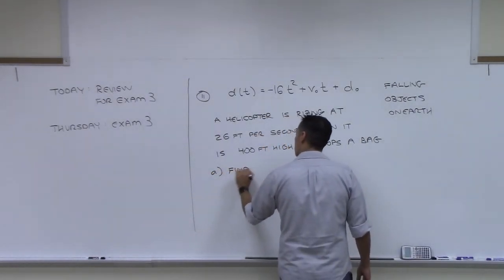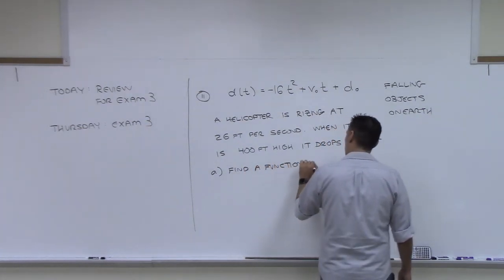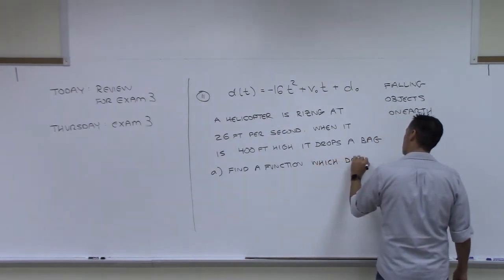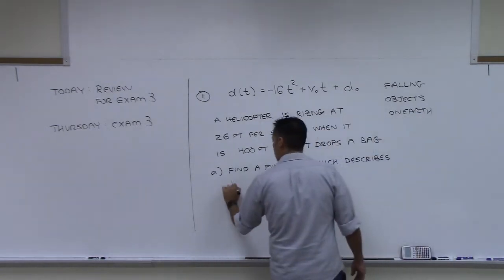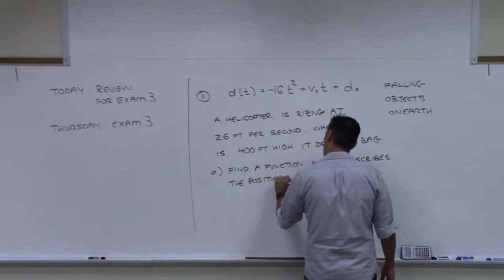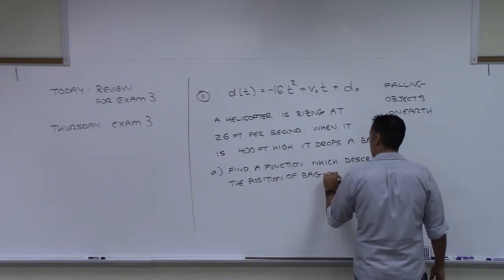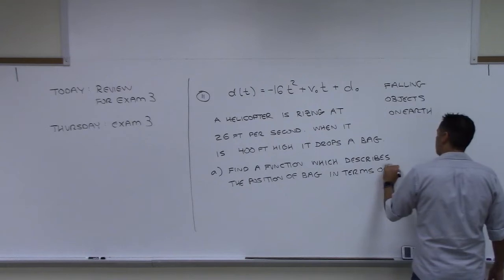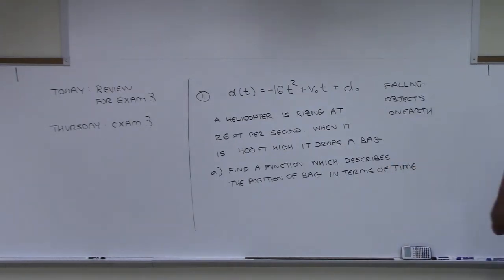Find a function which describes the position of the bag in terms of time. This problem is going to seem confusing initially, but once I explain it, I hope it'll make more sense.